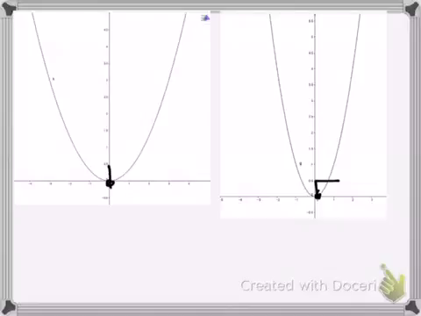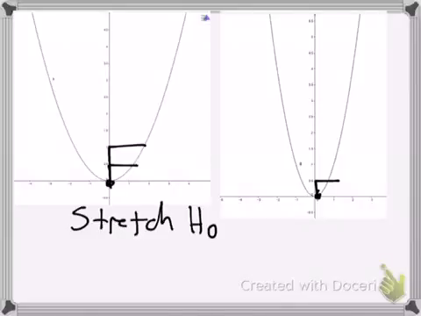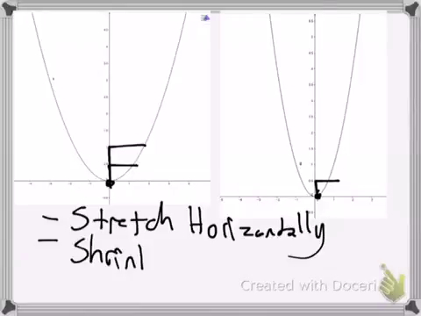So if you go up 0.5, it's over 1. If you go up 1, everything is divided by a third, so it makes it wider. So what it's going to do, it's going to stretch horizontally and shrink vertically.